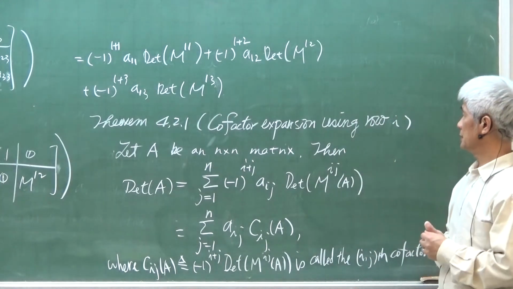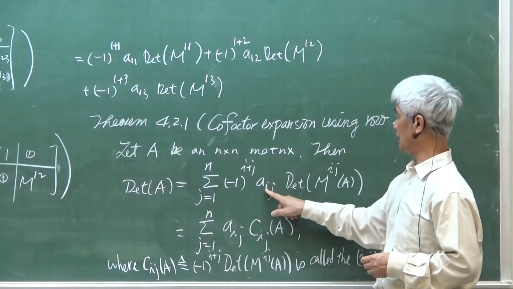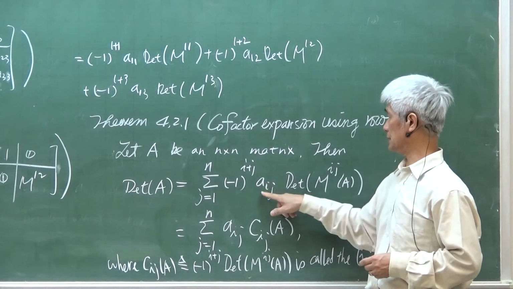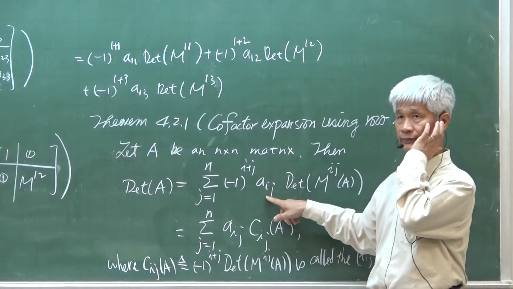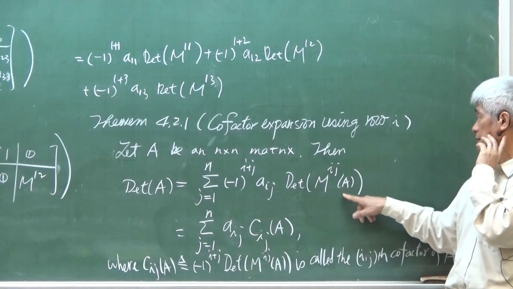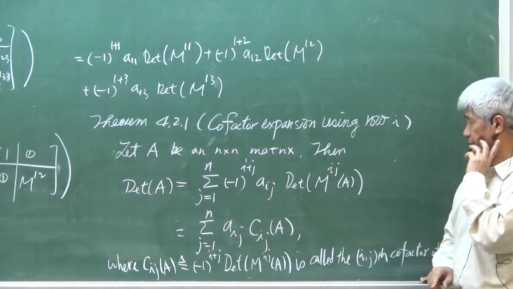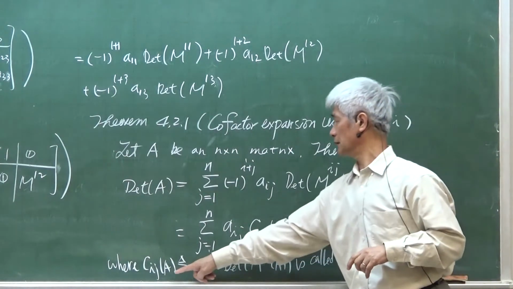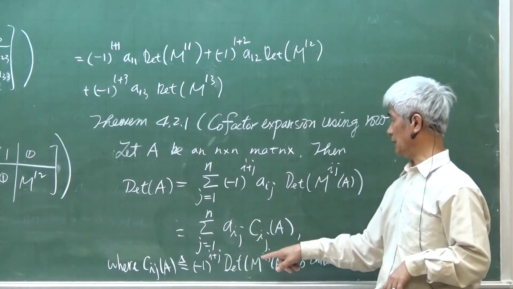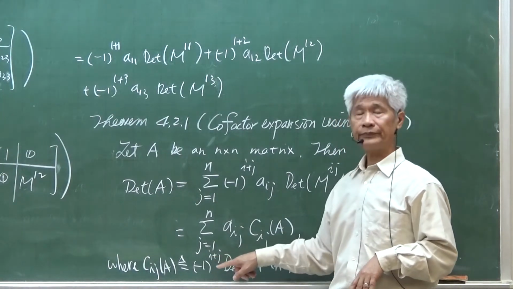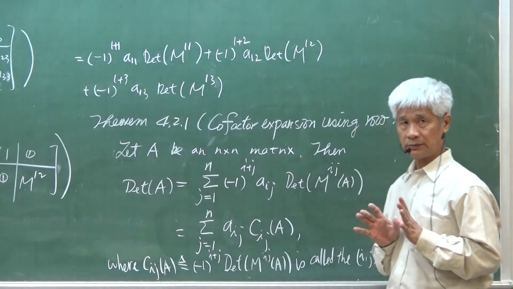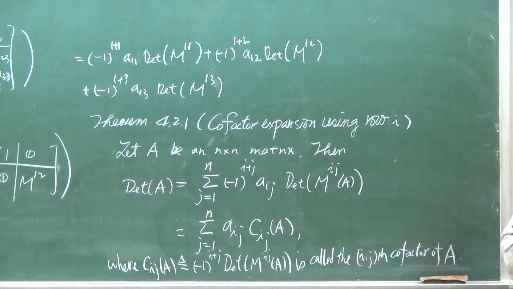You can see the entries a_i1, a_i2, a_i3, the entries in the ith row, and the corresponding minors of A. We define the cofactor C_ij to be the determinant of the ij minor multiplied with a sign. This sign depends on i and j.